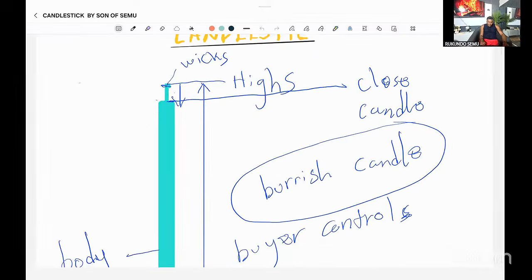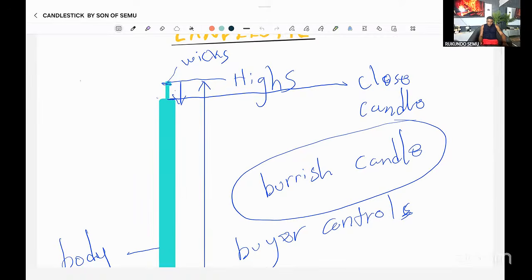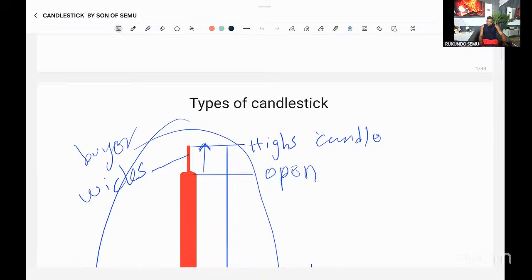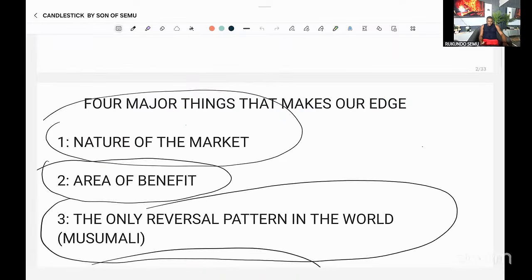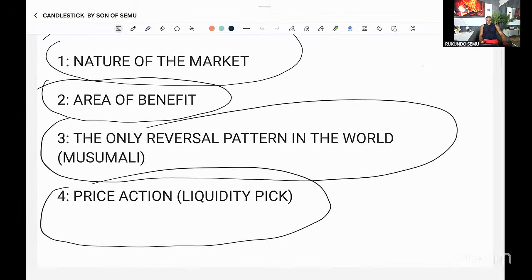So we started with candlesticks. We understood what we call a candlestick, and the types of candlesticks. Then we said our strategy is made up of 4 major things: nature of the market, area of benefit, the only reversal pattern candle in the world, which is the Musumali, then price action.